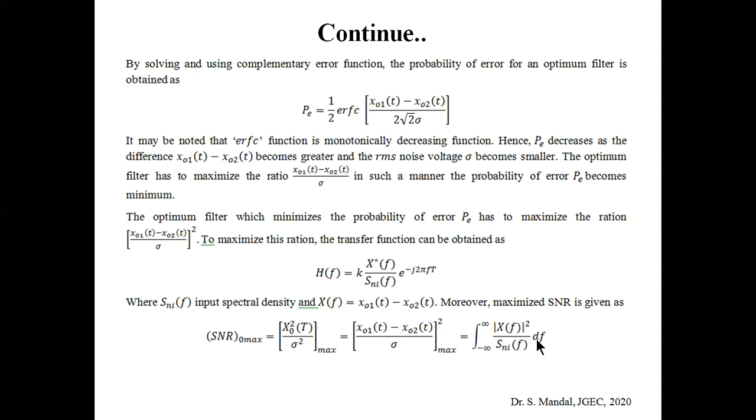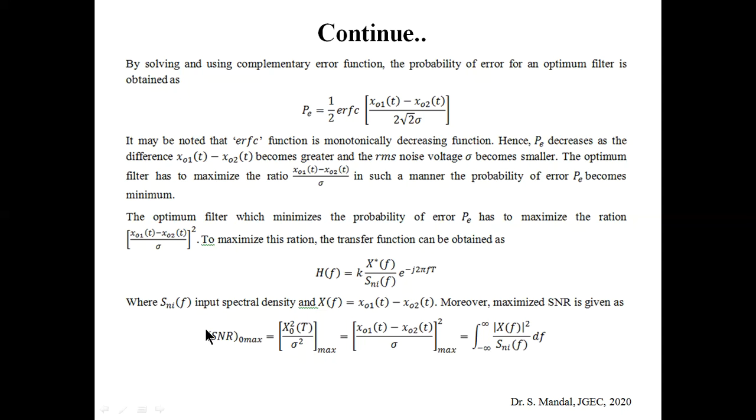That is nothing but (X01 minus X02)(t) by sigma, whole square, at its maximum value, that is the SNR value. And that can be written as the integration from minus infinity to infinity of mod X(f) whole square by Sn(f) into df.